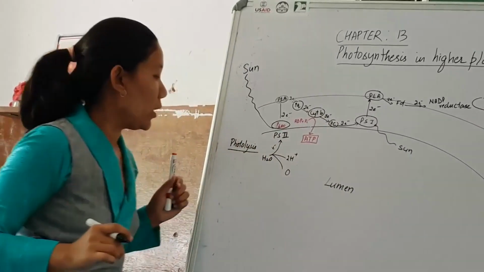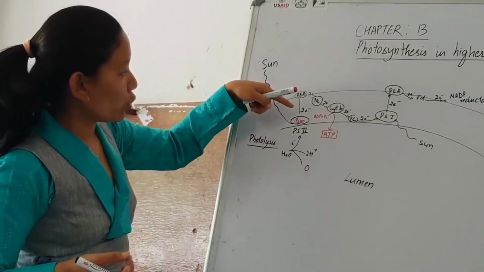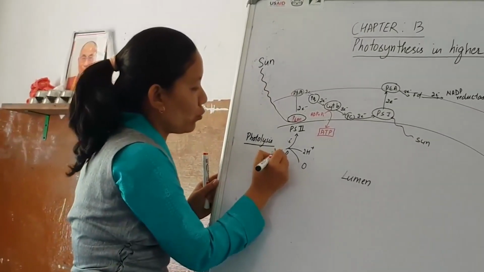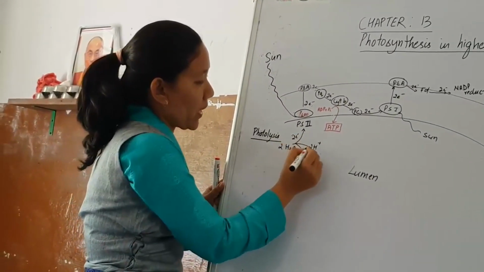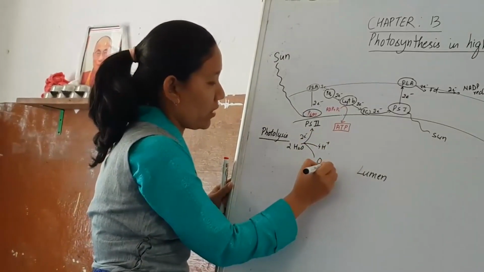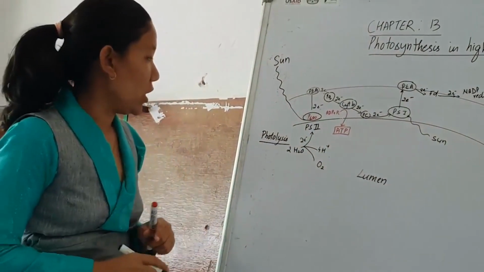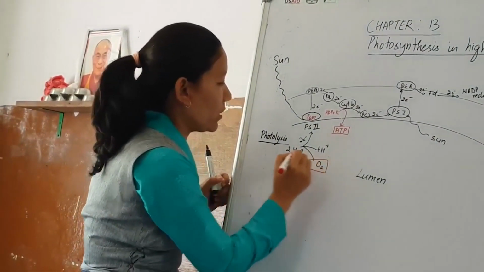Okay, so when the water splits, we have electrons. So you need two electrons, so two molecules of water are split. So what we get is 2 electrons here, and then 4 protons, and a molecule of oxygen here. So in this process, you will find the products.